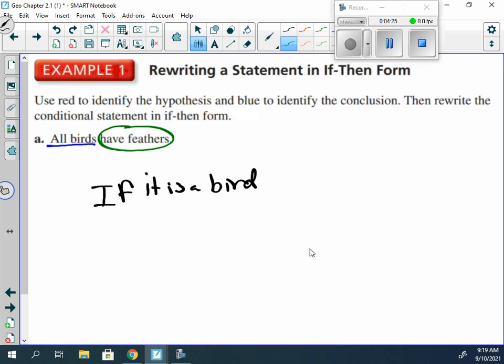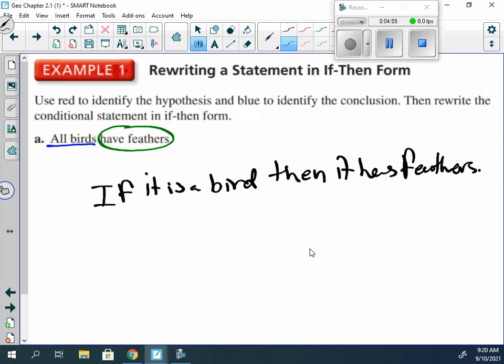Because we could also say, sentence-wise, Friday is always before Saturday. Well, we can't say if Friday is always then Saturday, because we can't just take it as it's written. Sometimes we have to change it a little bit, because if it is a bird, then what? Has feathers. If it is a bird, then it has feathers.